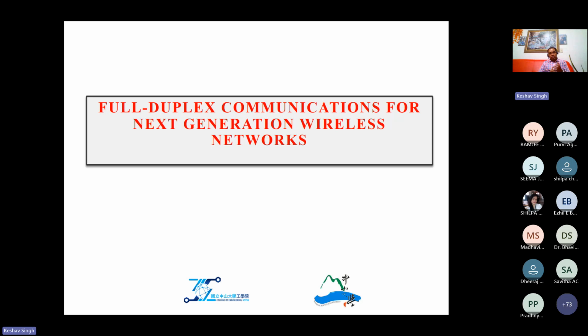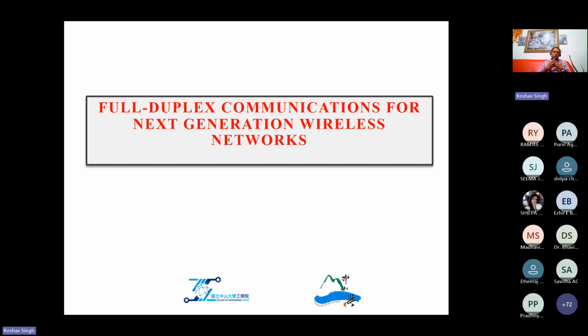We have some drawbacks in the half duplex scenario. If we have two operations, uplink and downlink, using the same resources, the base station can't serve both kinds of users at the same time.